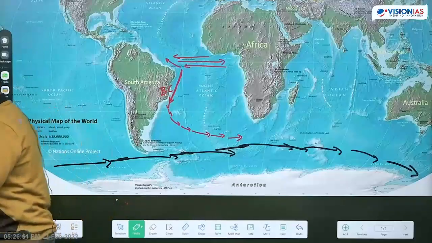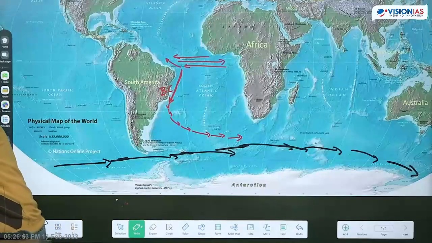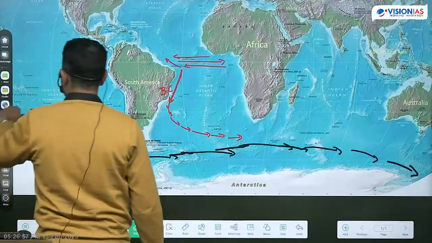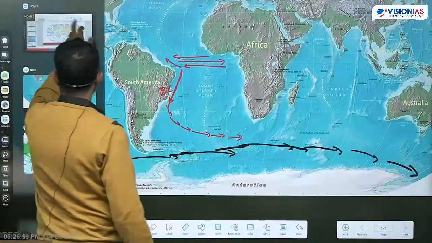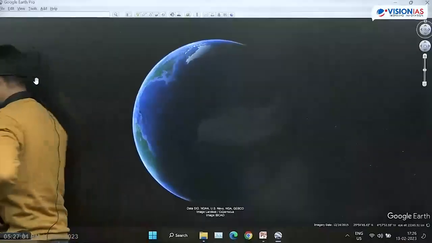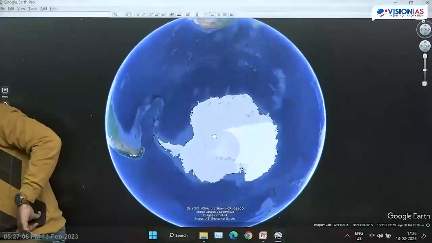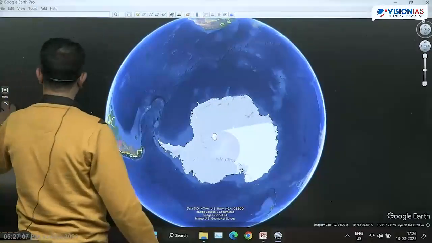So, what is the reason behind that? Yes, because of the absence of land mass. So, this is our continent of Antarctica.